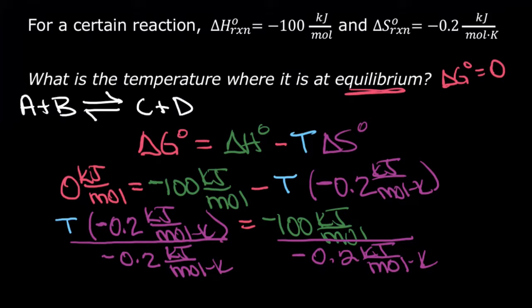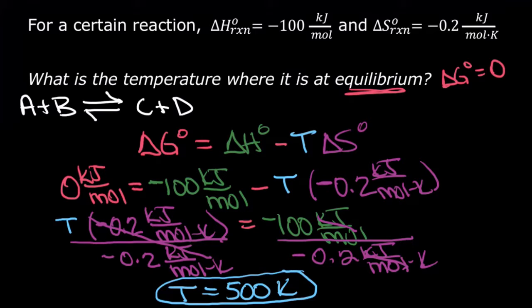They cancel on the left side, and the units kilojoules per mole cancel on the right side, and we're left with the temperature at which equilibrium happens at 500 Kelvin. So below 500 Kelvin, the reaction can proceed spontaneously. Above 500 Kelvin, the reaction cannot proceed spontaneously to the right.